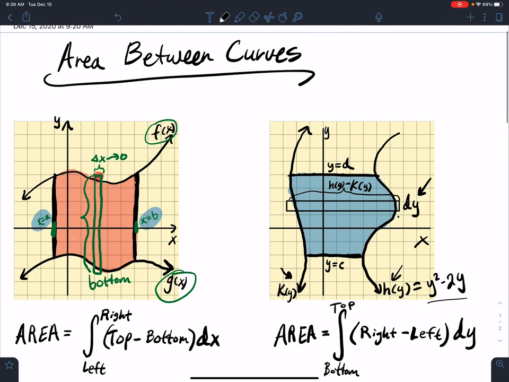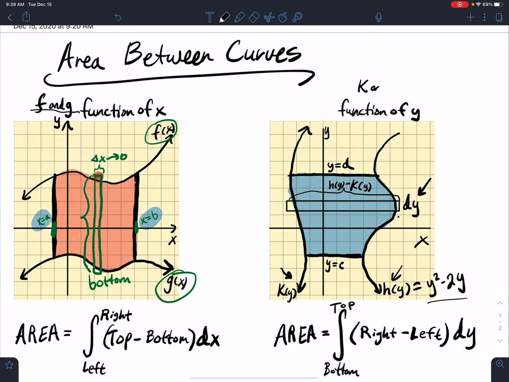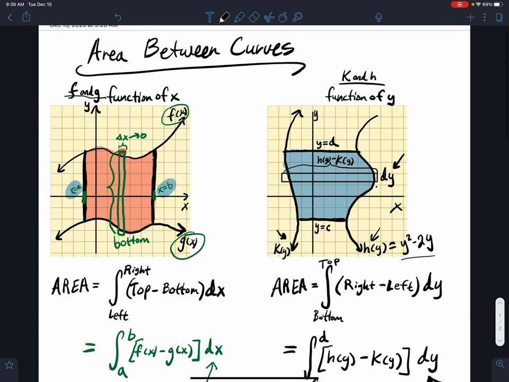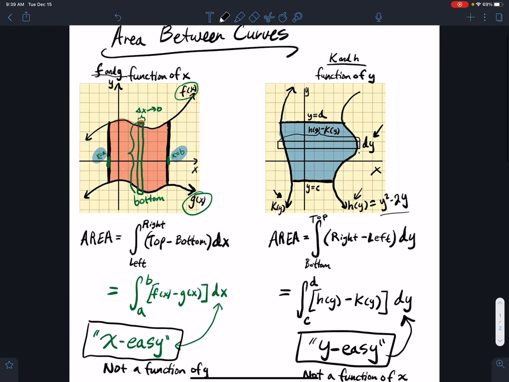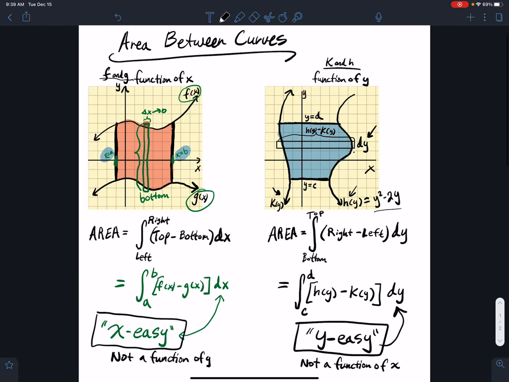We have function of y here and function of x here. So f and g are functions of x, and k and h are functions of y. Okay? So that's where we have the x easy versus the y easy.